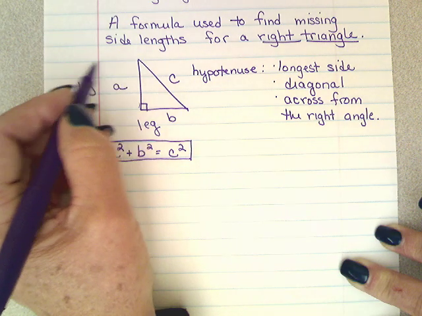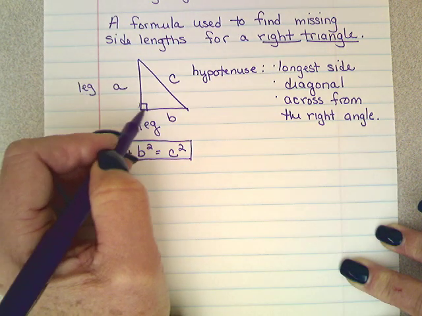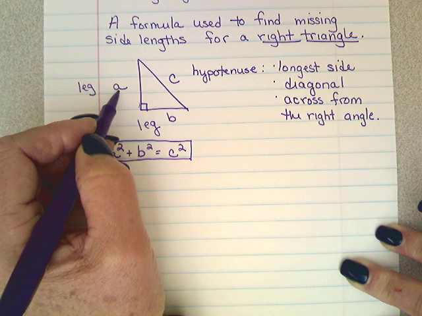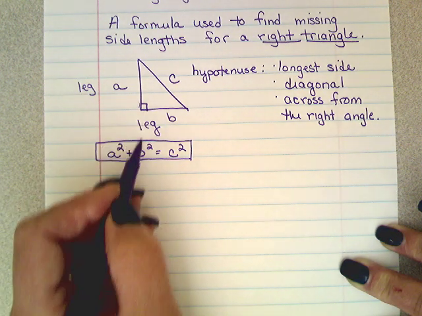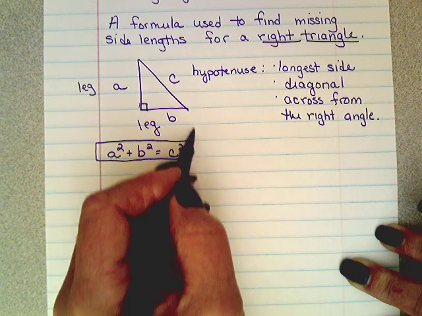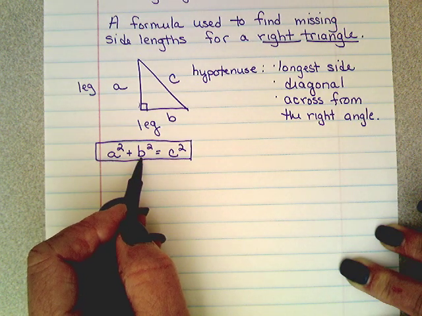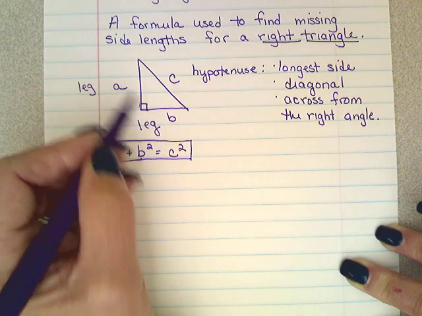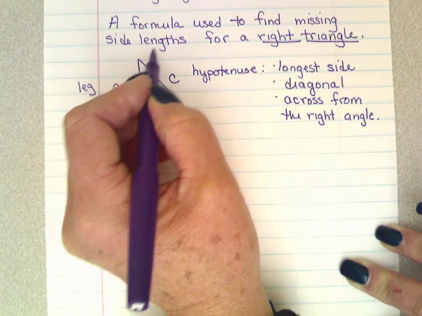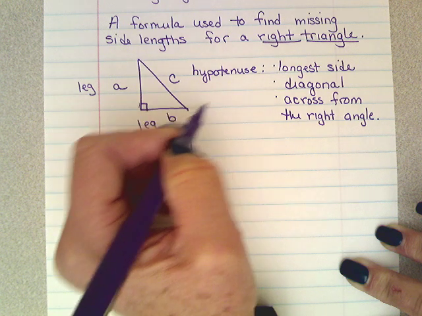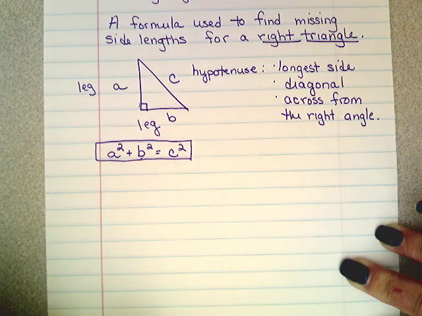So the area of the square off of leg A would be a squared. The area of the square off of B would be b squared. And when you add those two areas together, it would give you the area of that tilted square on the hypotenuse, which is C.